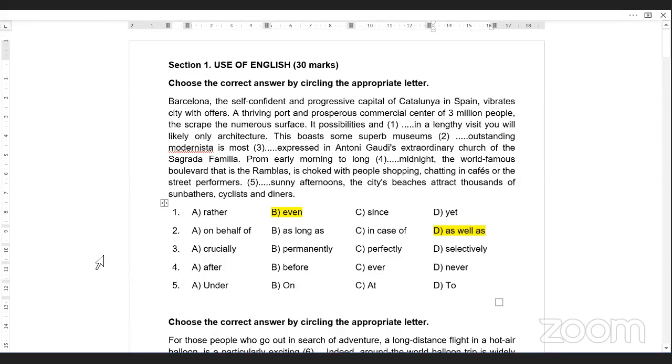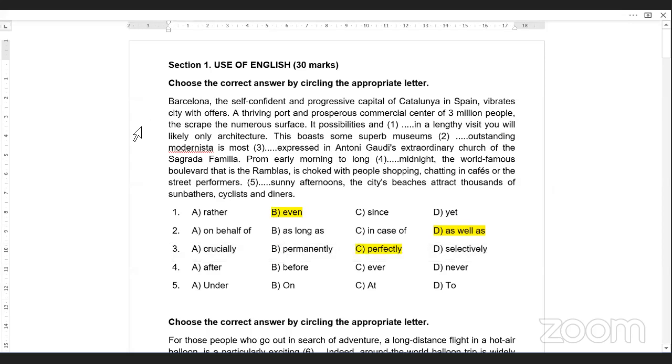In most expressed in Antonio, crucially, permanently, perfectly, or selectively. Perfectly, maybe. D. C. This use of English, you guys are very, very slow workers.